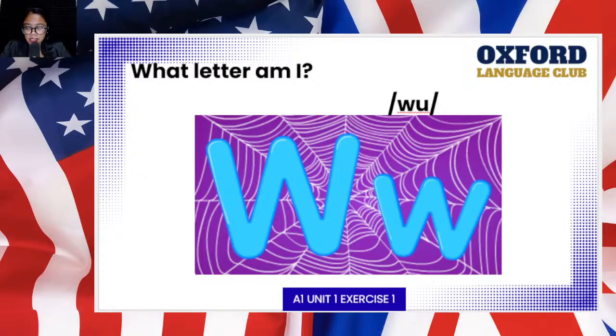We are going to continue with the second half of our exercise one. Let's have this one for a moment. We're going to do the next letter. So far, the letters that we did, let's recap or review.